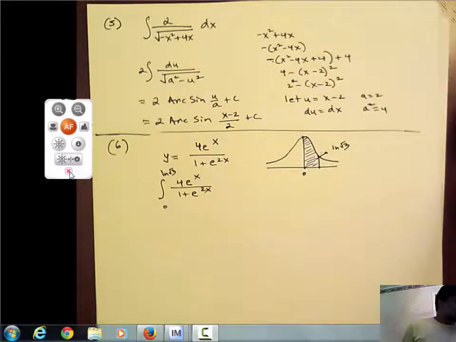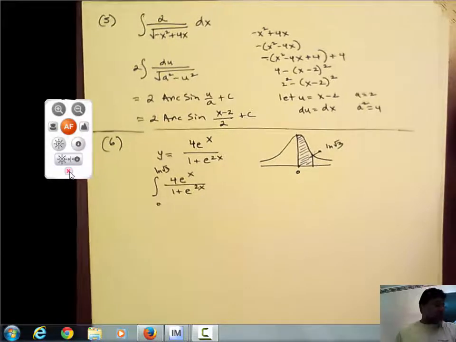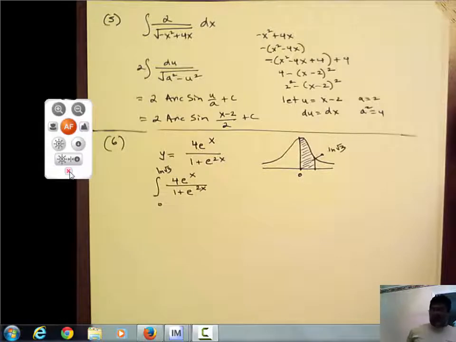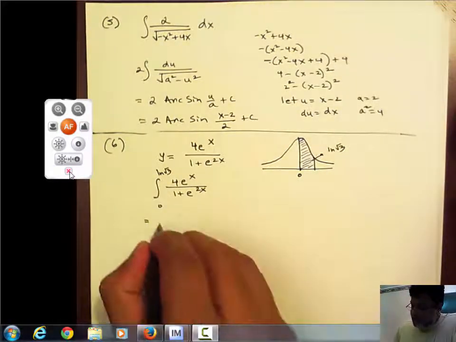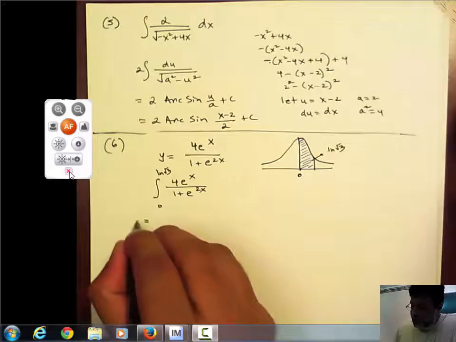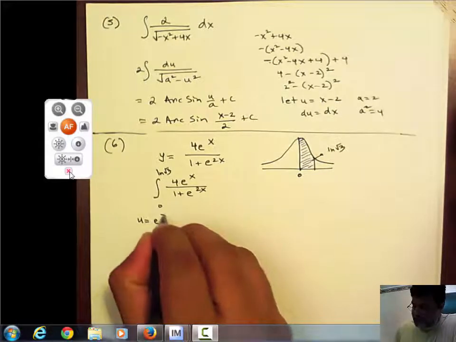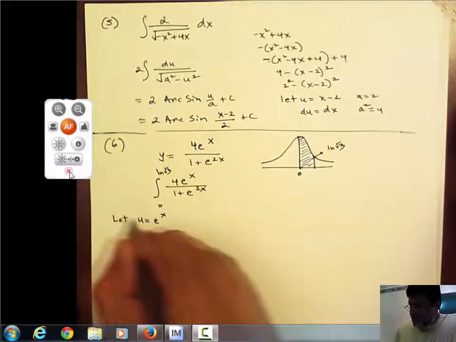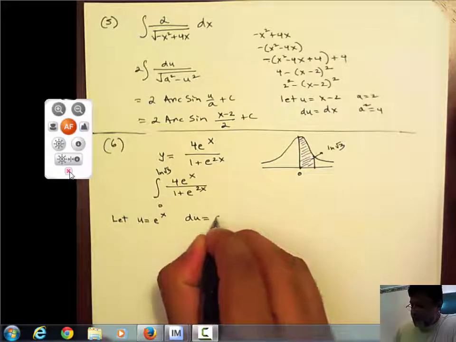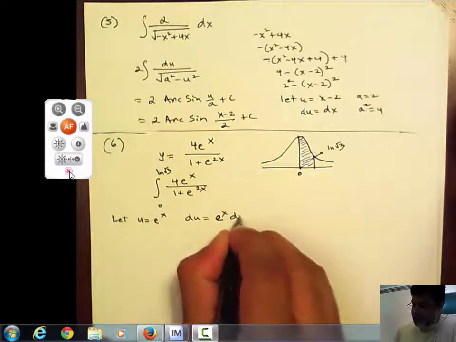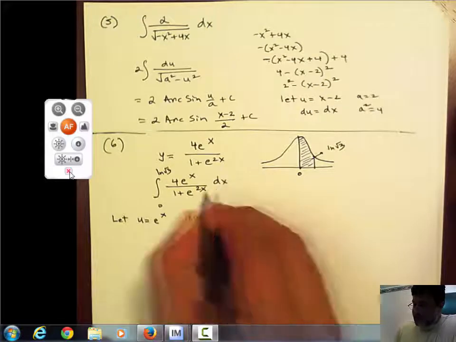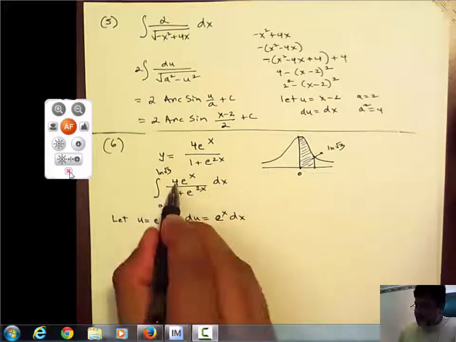Alright, so yeah, u substitution. And if I do u substitution, let's make u e to the x. Therefore du will be e to the x dx. We see that e to the x dx is sitting there. We have extra 4.